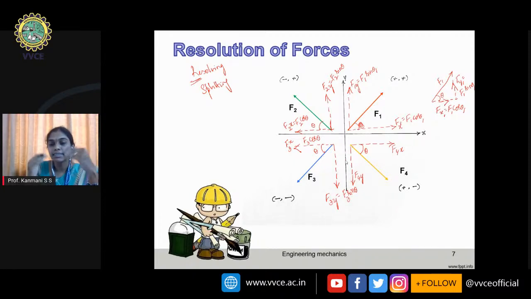Remember this, the side adjacent to the angle is always the cos component. So this is f4 cos theta, and this is f4 sine theta. It's just a brush up of the first year syllabus that you have studied. So before going to the problems, I would like to give just a brief introduction about what we have studied as basics and fundamentals in engineering mechanics.